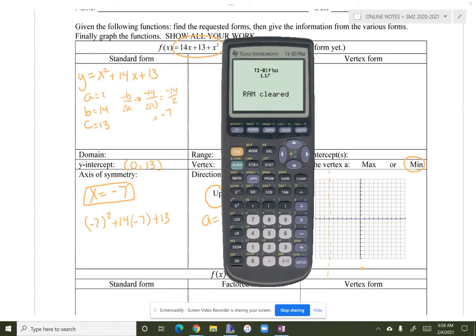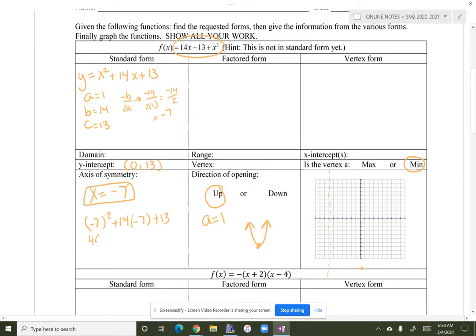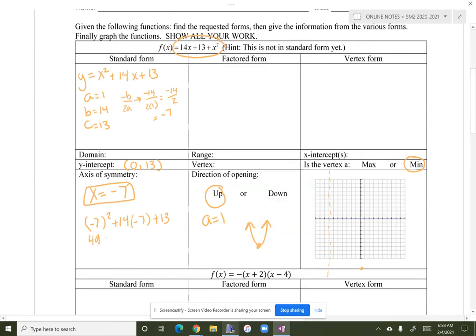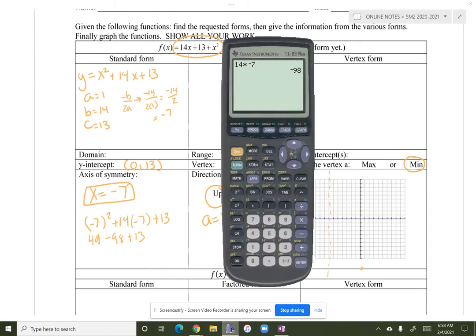But I know negative 7 squared is 49. And then I have 14 times negative 7. I get minus 98. So minus 98 plus 13. So I'm going to add 49 to that and add 13. Those are both positive. I get negative 36.